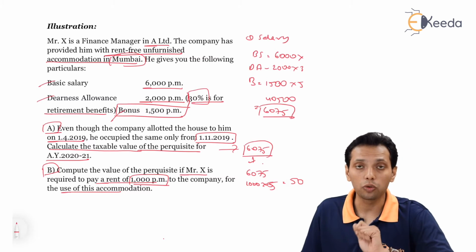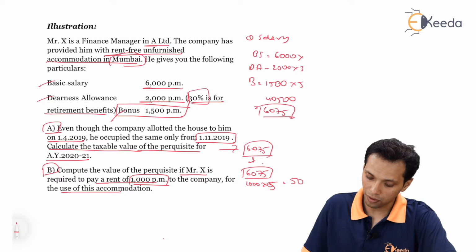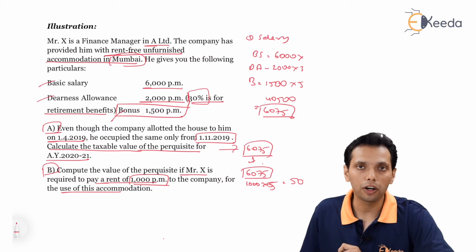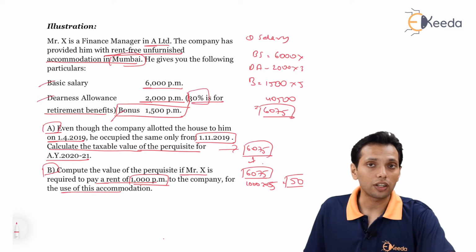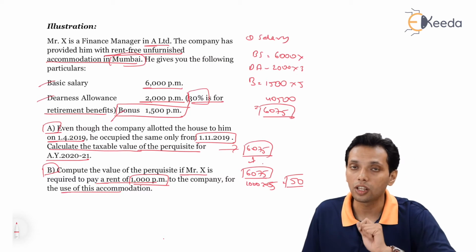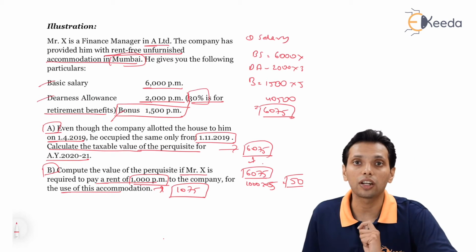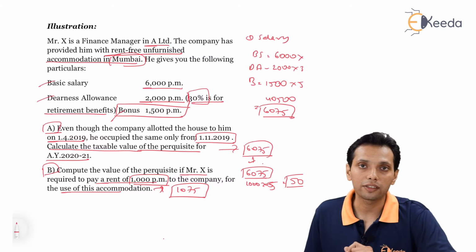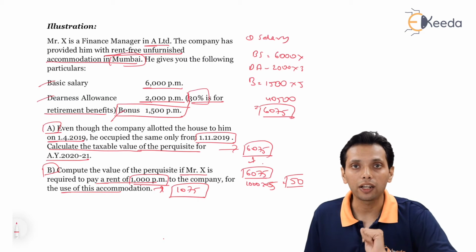The perquisite value without any rent recoverable option is 6075, and the amount recovered from the employee is 5000. Accordingly, the concession in rent is 6075 minus 5000, which is 1075. Accordingly, 1075 is the perquisite value which will be taxable as concession in rent, and accordingly will be taxable as perquisite in the hands of the employee for part B.